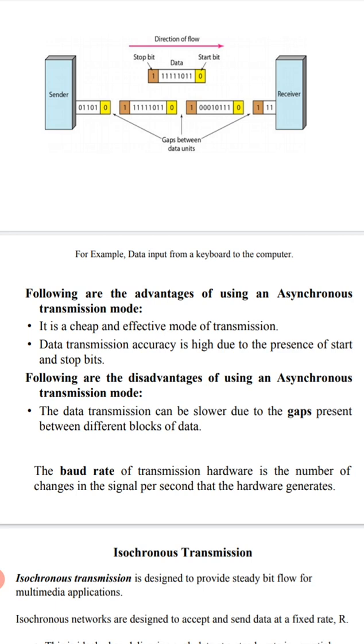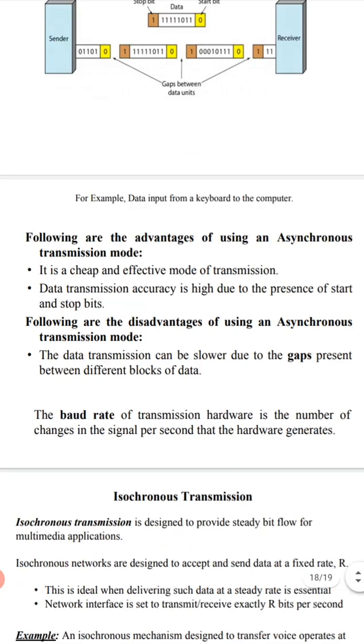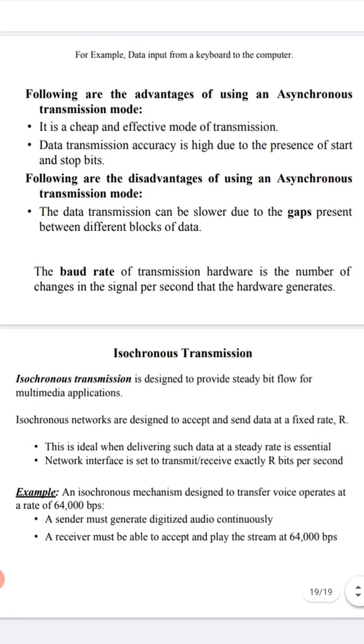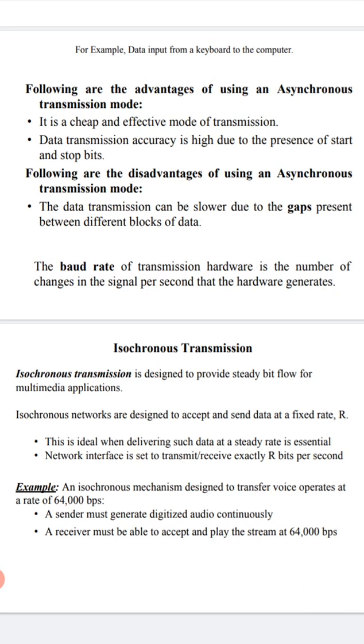Because in the asynchronous transmission mode, there is a gap between the bytes. So if the gap is present, the data transmission can be slower. Then one rate is used here, baud rate. The baud rate of transmission hardware is the number of changes in the signal per second that the hardware generates.